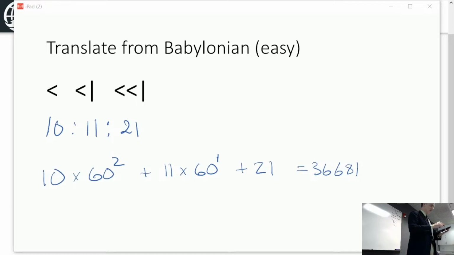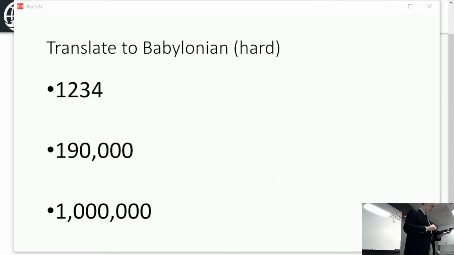All right, we're almost done. We have one more thing to do, and that is the hard thing. I know you're like, oh, we just did the easy thing. We should stop. Nope. Got to do the hard thing. So translating to Babylonian, this is the hard thing that we got to do. So here's where you have to divide and then take the decimal part. So let me just sort of remind you how you do this. Think of this as being seconds, and I want to know how many hours, minutes, and seconds go into that.